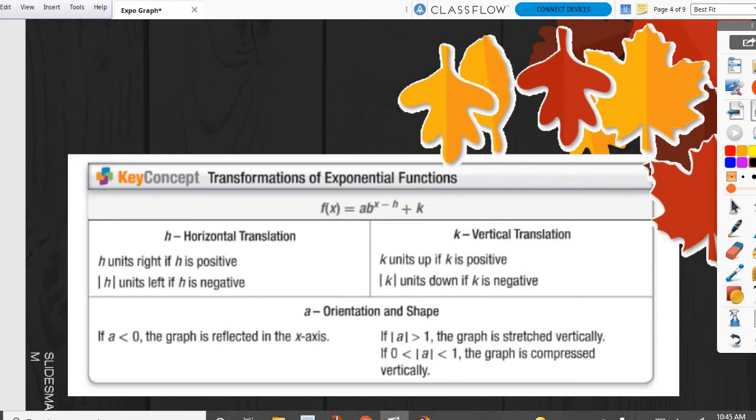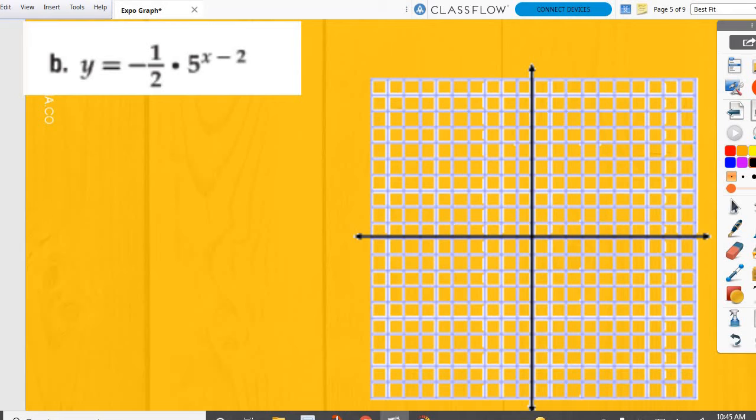Right, so let's look at an example with our graph. Like I said, because each of our bases is going to be slightly different, we're going to start by looking at just the parent function first. So that's just with the base. And we're going to plot some points.